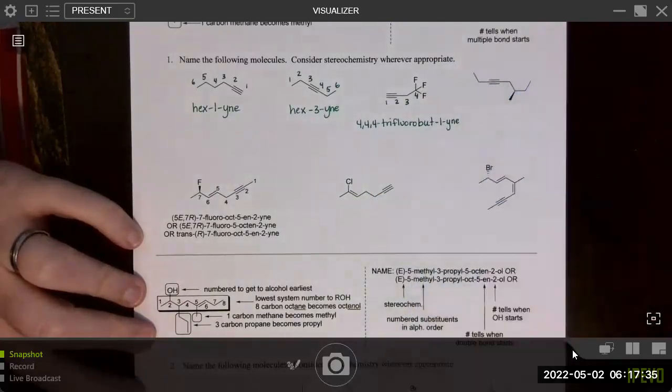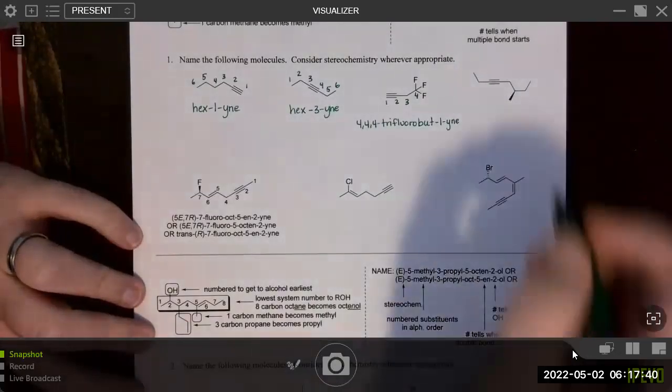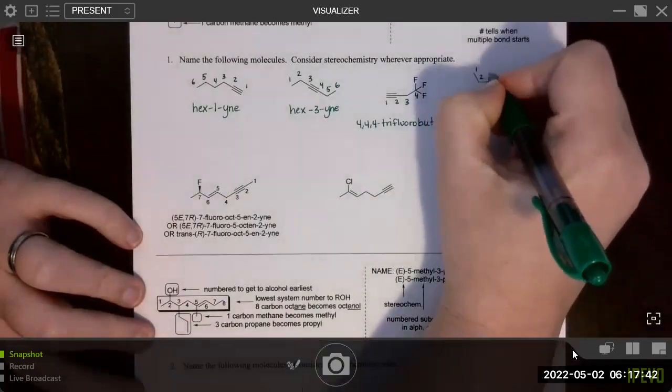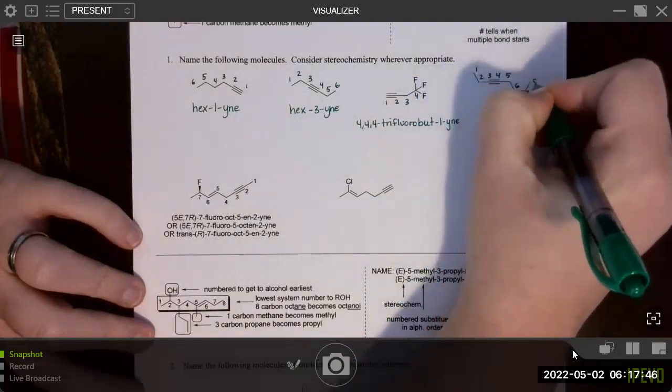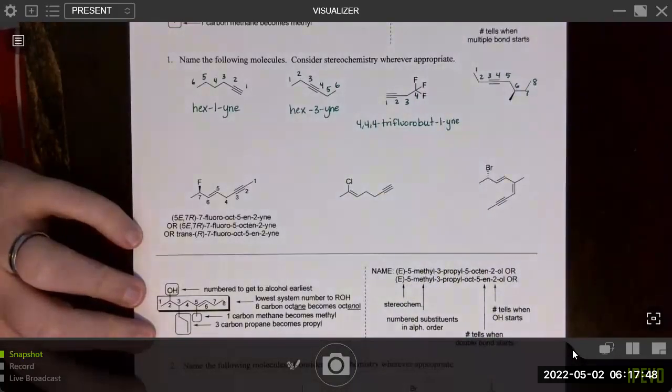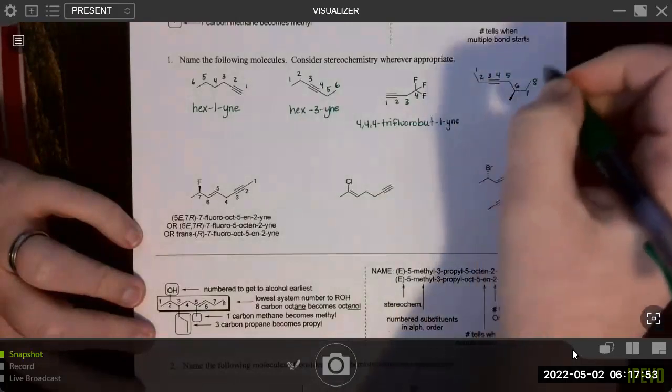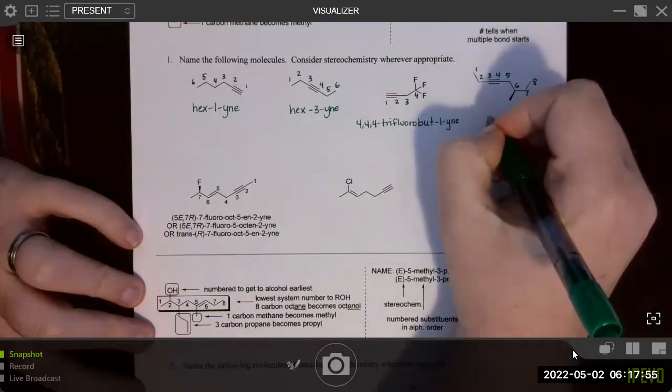So here we want the longest carbon chain with the lowest number possible for the alkyne carbon. So we'll start over here. We do have a substituent. It is a methyl group. So we have 6-methyl.